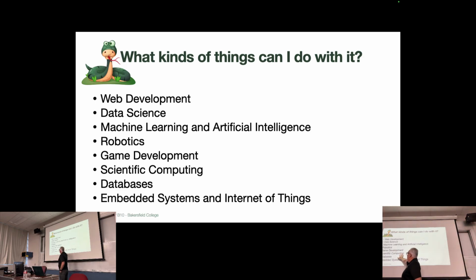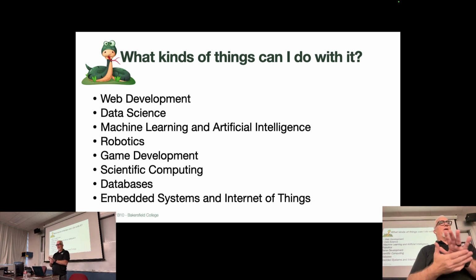This was sort of the birthplace of Python, right? You can work with databases and embedded systems and Internet of Things, meaning if you want to have a toaster that gets a signal from your phone every time you're on your way home from school and starts to make you a nice warm piece of toast so that when you walk in the door, it's ready to go, you could do that with Python. So you can do all kinds of things with Python.